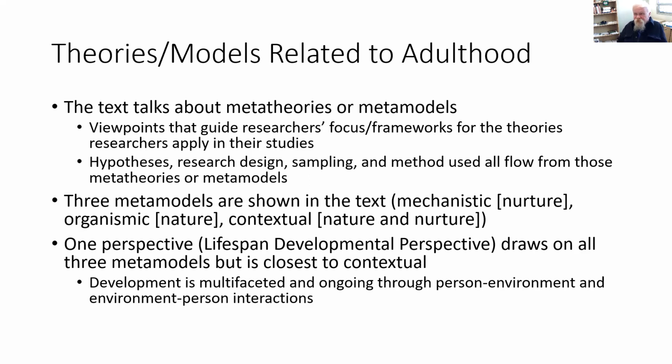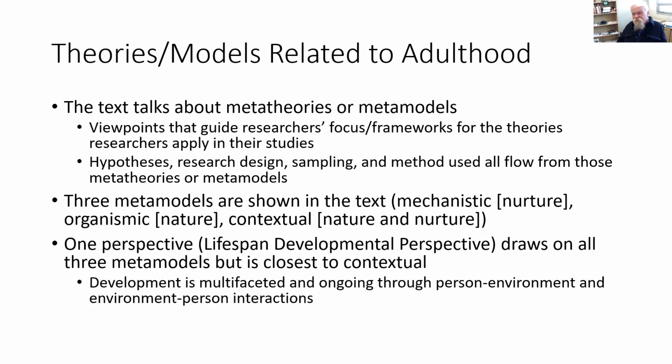Now, there are 3 meta models that are talked about in the text. The first is called mechanistic, and that's kind of based on environmental influences on the individual. So if you're thinking of nature and nurture, this is kind of the nurture focus on how people behave. There's the organismic meta model, and that has to do with the individual.